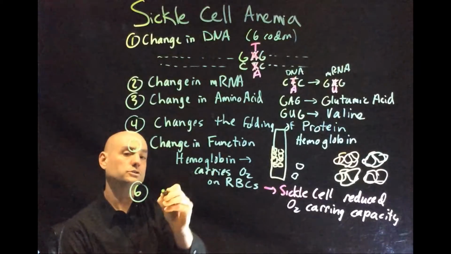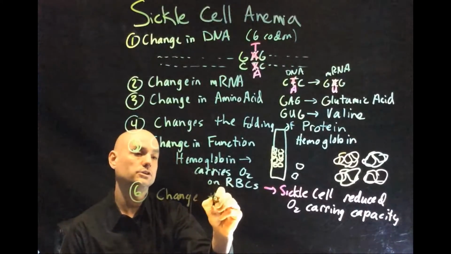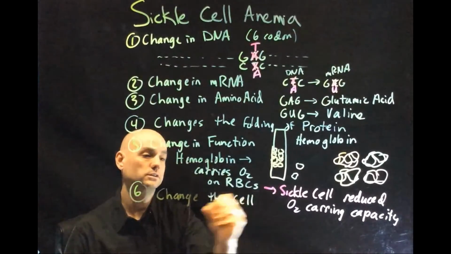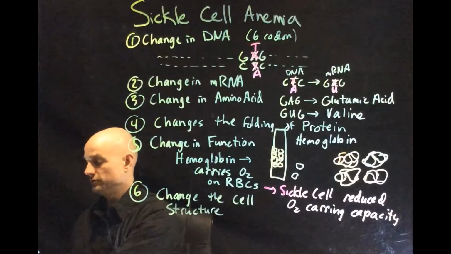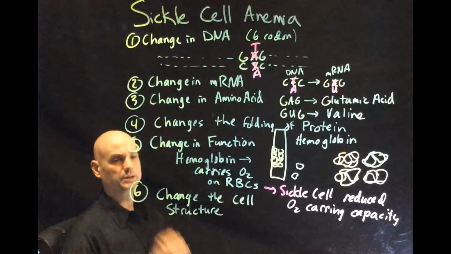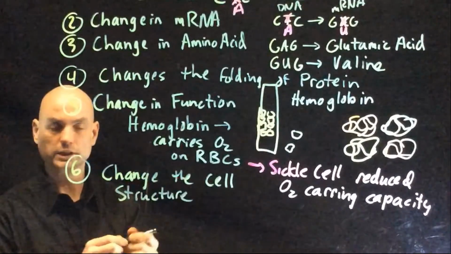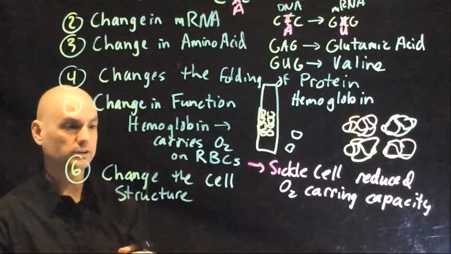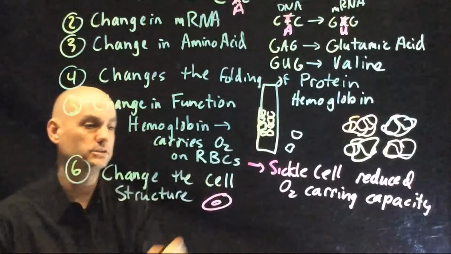This can also change the cell structure. Well, you know what's nice about red blood cells is they're very flexible, and they have to be. There are a lot of little turns and areas in which they have to twist around and get through these blood vessels. And they come in this kind of biconcave disc, this little red disc.